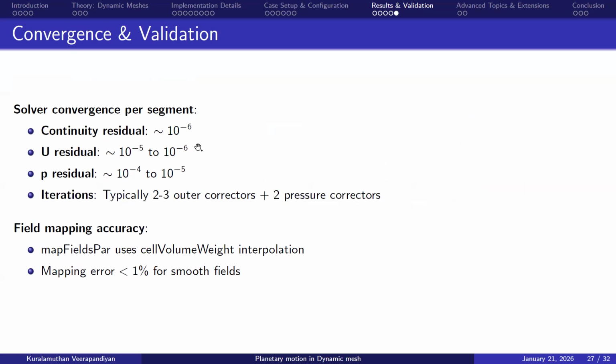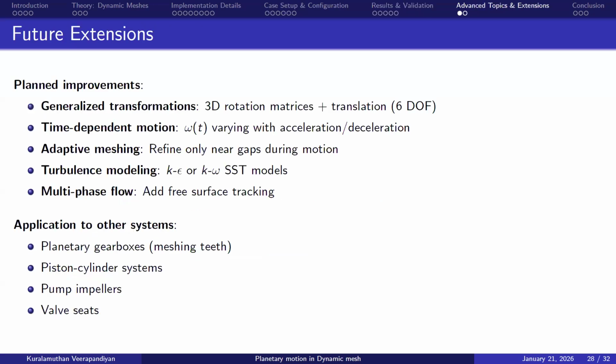These are not verified residuals, but they gave us working values for our particular case, with continuity residuals of 1e-6, velocity residuals of 1e-6, and pressure residuals of 1e-5, with two outer correctors and two pressure correctors. mapFieldsPar uses cell volume weighted interpolation, and mapping error is less than 1% for smooth fields.